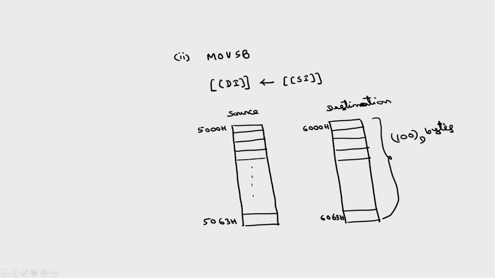Because 100 decimal is equal to 64 hexadecimal, starting from 0 it is a total of 100 bytes. So, you have to point SI to the source index and DI to the destination index.